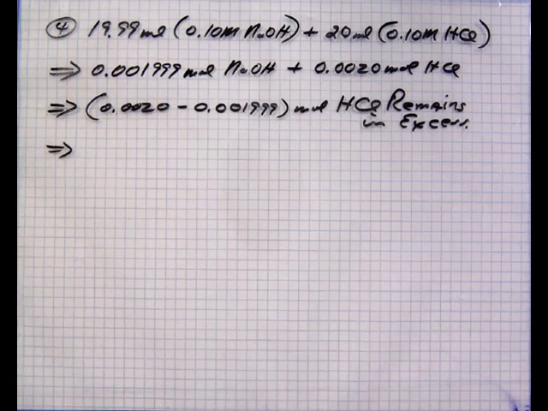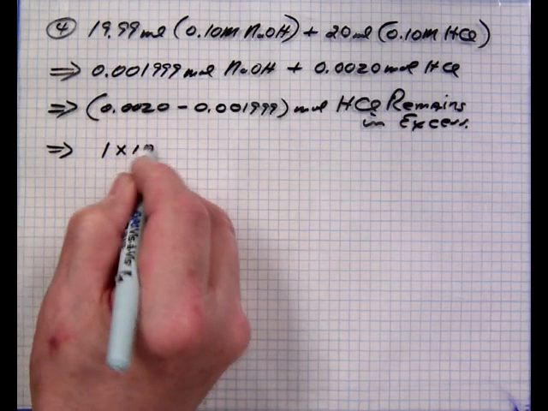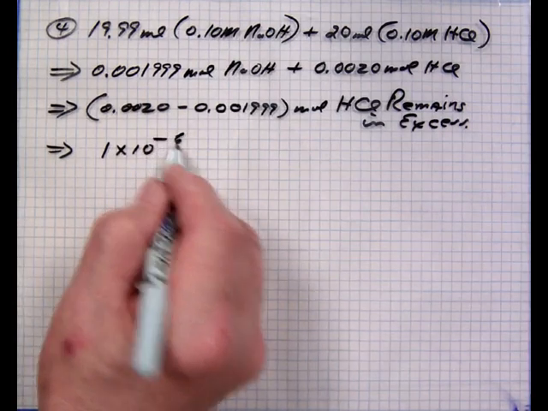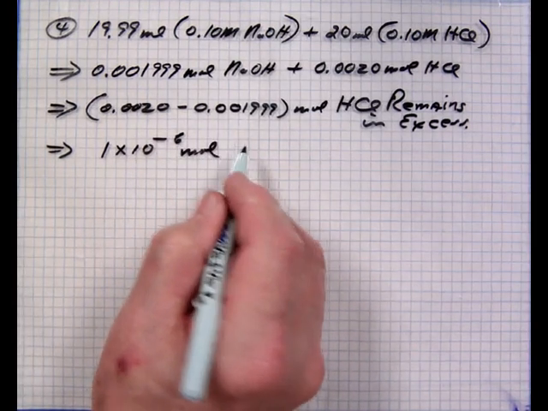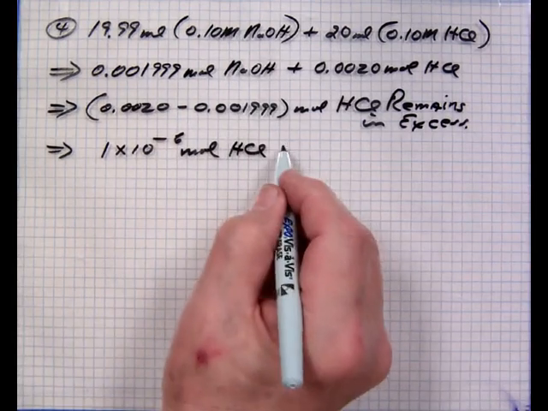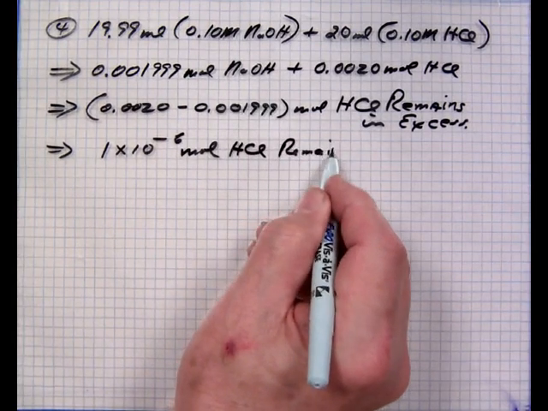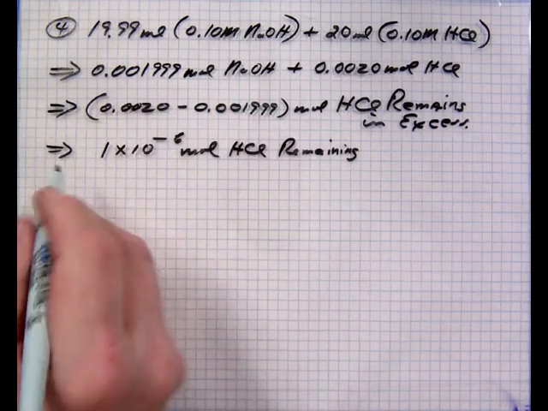So that would give us 1 times 10 to the minus 6 mole of HCl remaining after that addition.